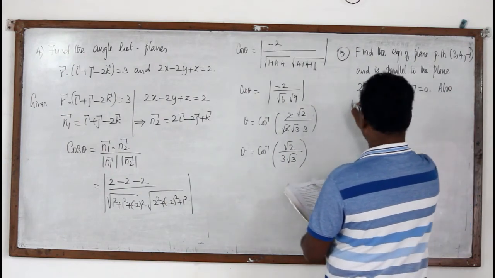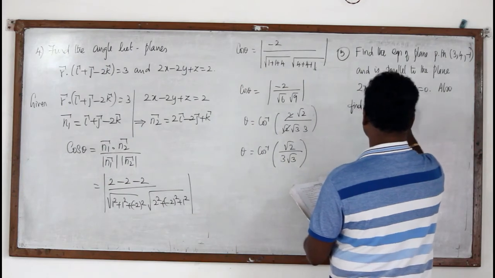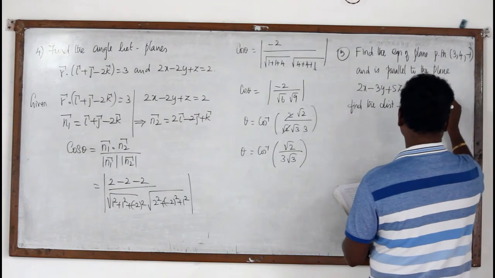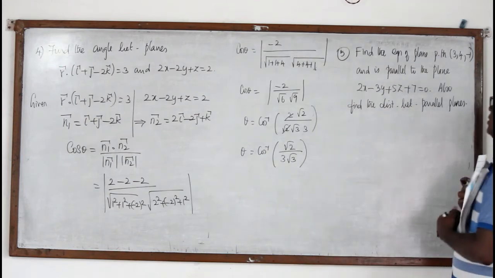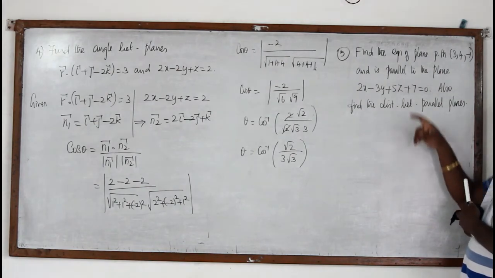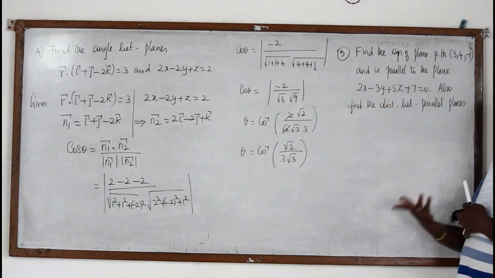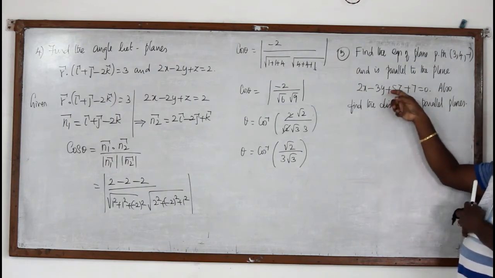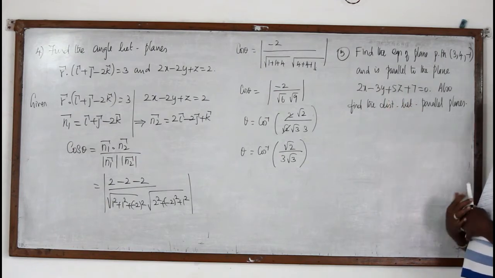Also find the distance between parallel planes. So can you understand? I have to find out a plane which is parallel to this plane and passing through this point. So I will get a parallel plane. After getting a parallel plane, I must find out the distance between the given plane and the parallel plane what I am finding.